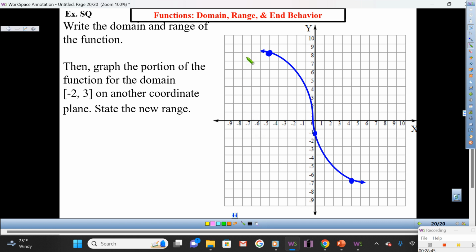-7. -5. So just right here. Okay. How about this little piece? All right, -6.